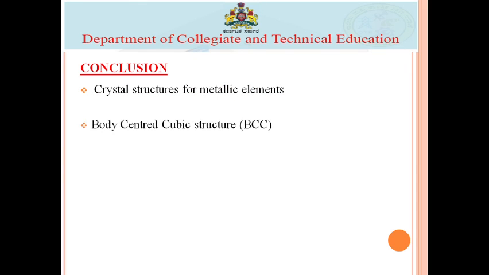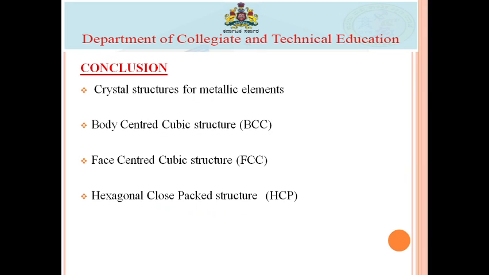In this session we have studied crystal structure, body centered cubic structure, face centered cubic structure, and hexagonal close packed structure. BCC has a cube-shaped unit cell with 8 corner atoms plus 1 atom at the body center. FCC also has a cube-shaped unit cell, with 8 corner atoms and 6 face atoms.